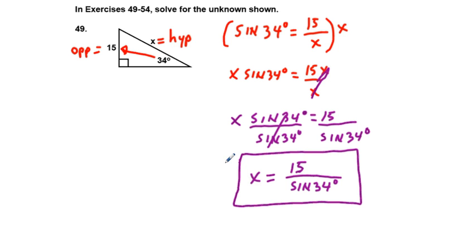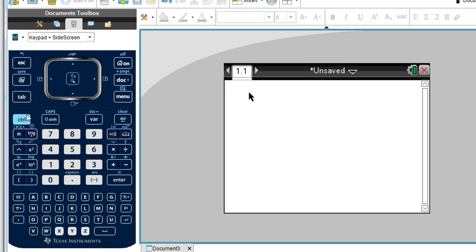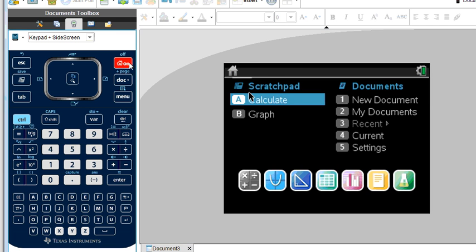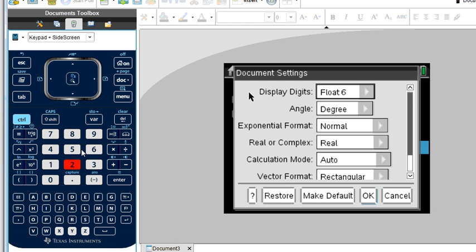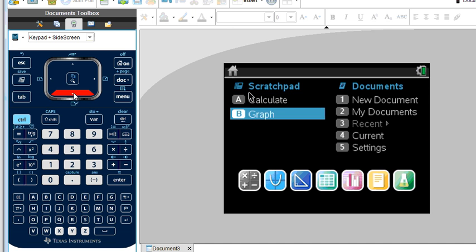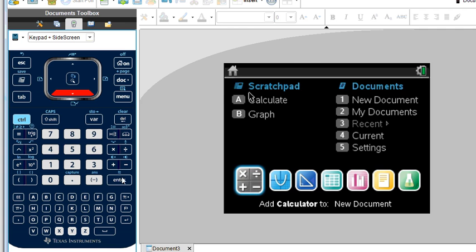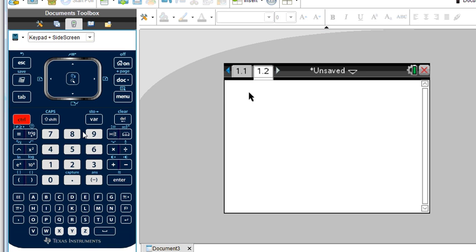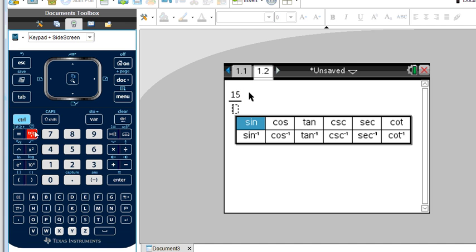Now, the last thing that they do in the book also is to put that in our calculator, and we are already in degrees. Let's make sure we're in degrees. Check settings, 5, document settings, in degrees. We escape out of here, get our calculator page, control division sign, and we have 15 over sine of 34 degrees.